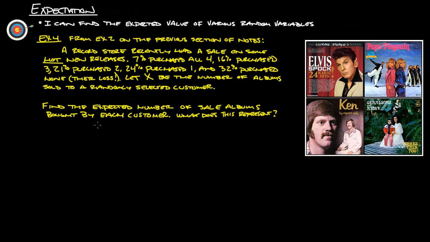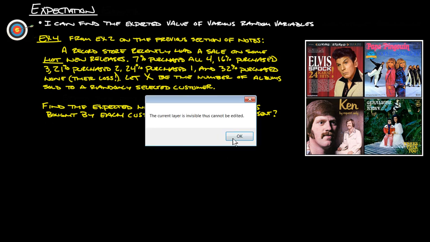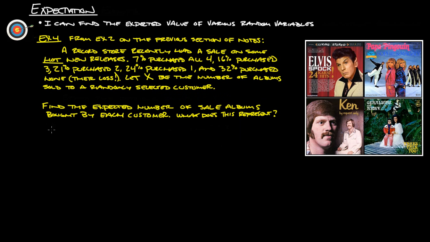Let's find the expected number of sale albums bought by each customer. To do that, we would simply take our expected value. We've got 4 albums. How many people are going to buy 4?